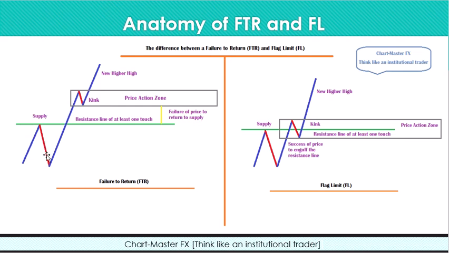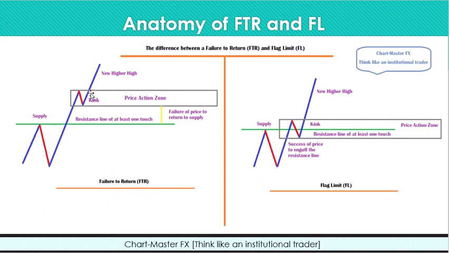Once the price dropped down, the price rallied up. As the price rallied up, it failed to come back to engulf this resistance line. So this is what we call failure of price to return to supply. That's why we call it failure to return, FTR.